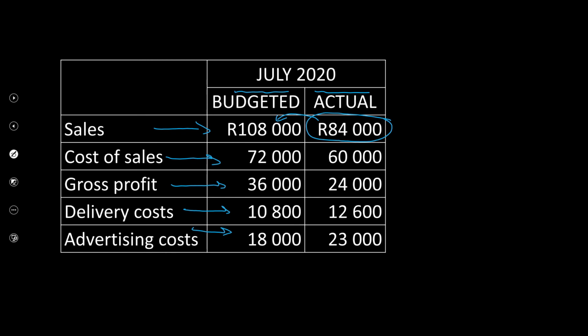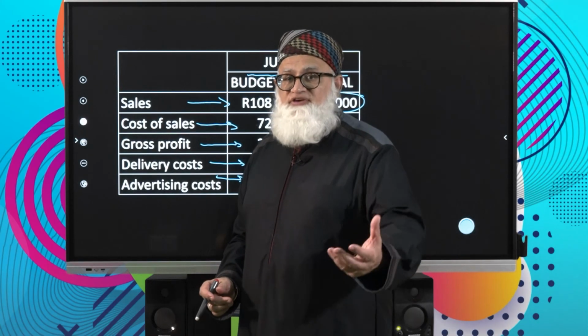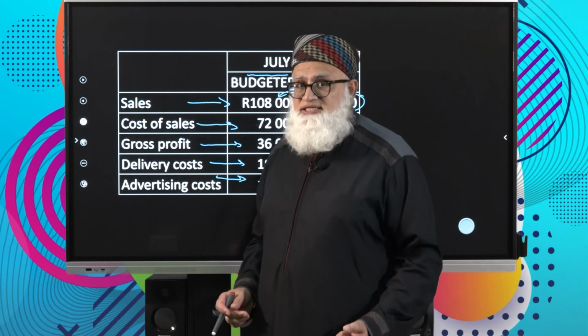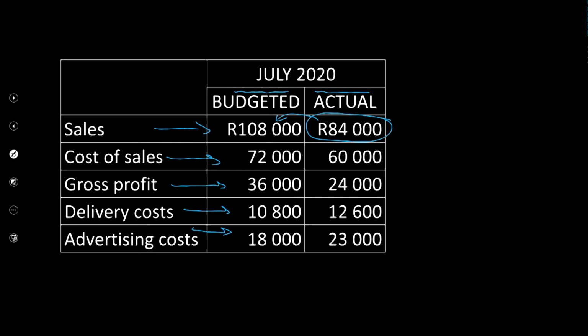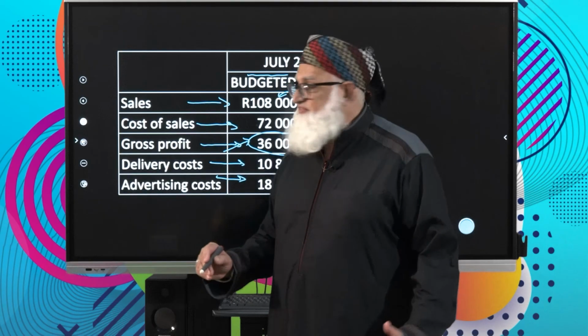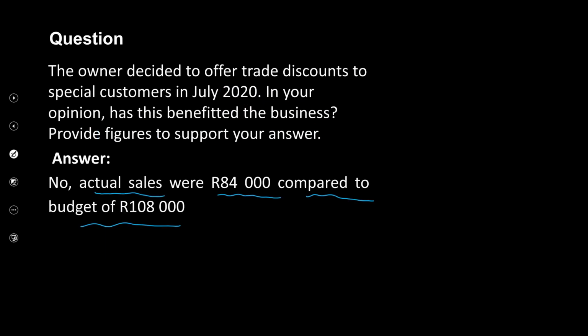So clearly, this particular idea of giving special discounts or trade discounts to special customers has resulted in my actual sales not being equal to my budgeted amount, as a result of which, clearly you can see that your profit that you budgeted for was 36,000, but you only achieved an actual gross profit of 24,000 Rand. So definitely, your answer here is no.